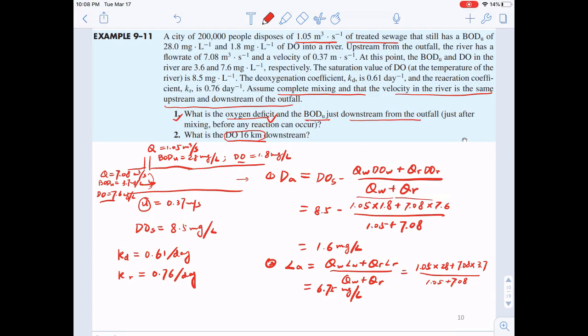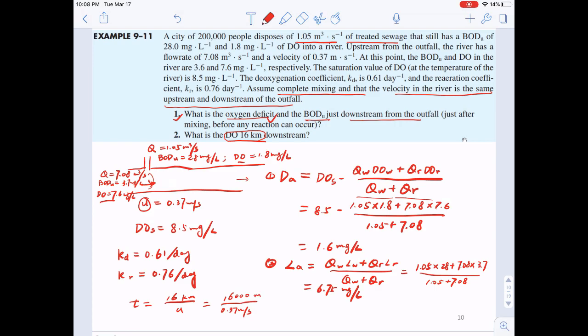The method we use is to calculate the time by dividing this distance, 16 kilometers, by the velocity of the river water, which is 0.37 meter per second. Here the distance is 16,000 meters.